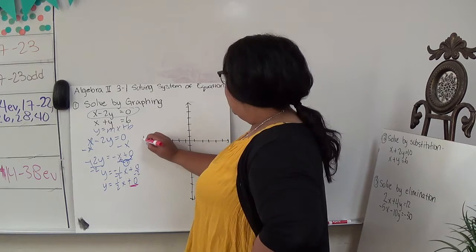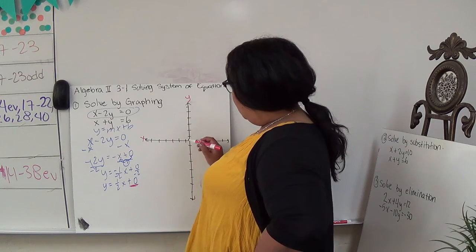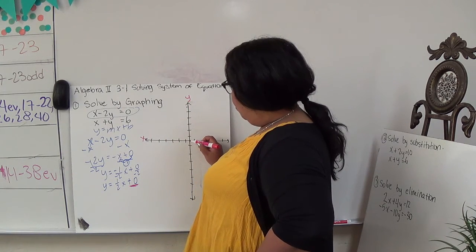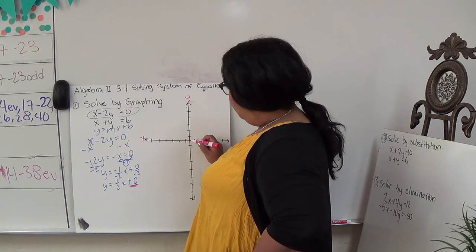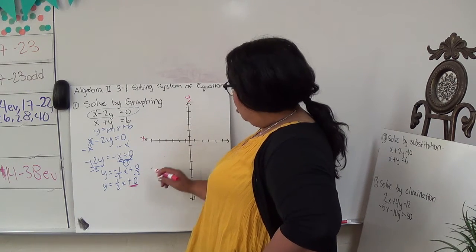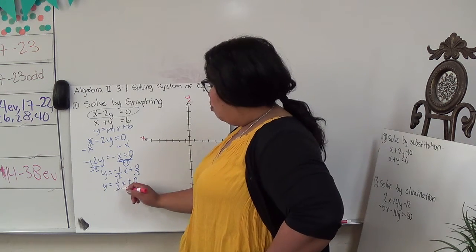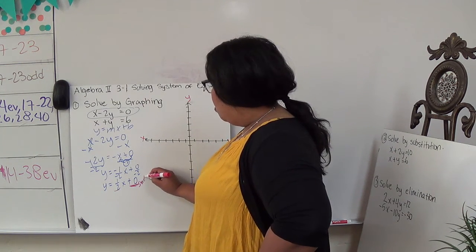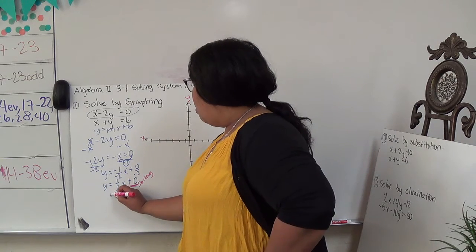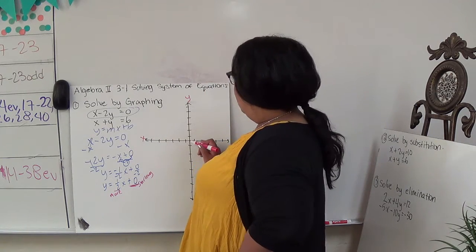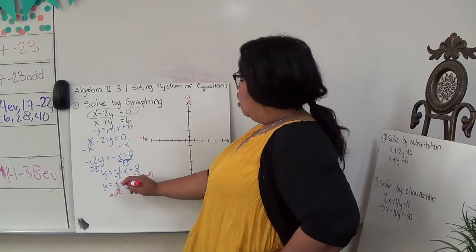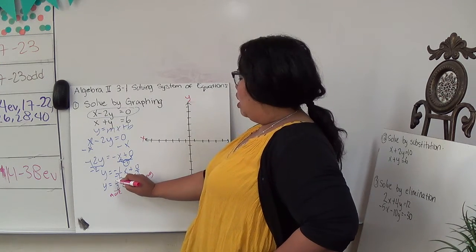So here's my x and here's my y. This is my y-intercept, 0. So I start at 0 here, and then this is my movement. So starting point, and this is how I move. It tells me how many to go up and down, rise over run.